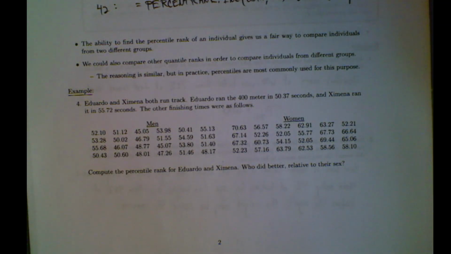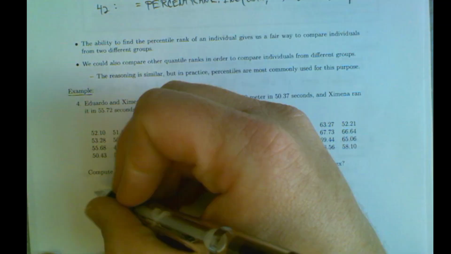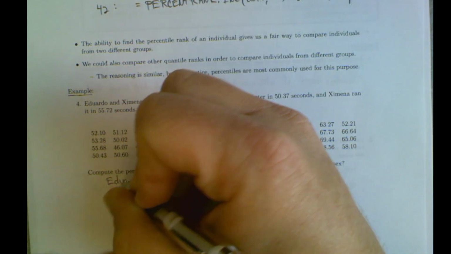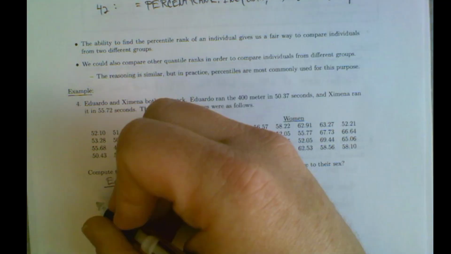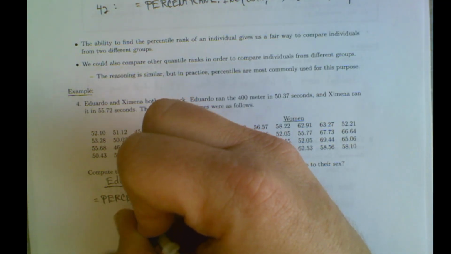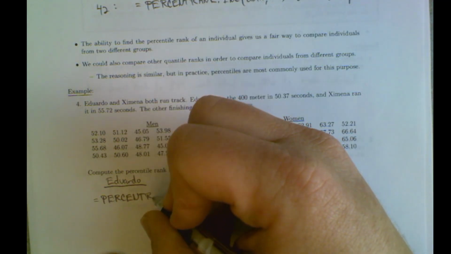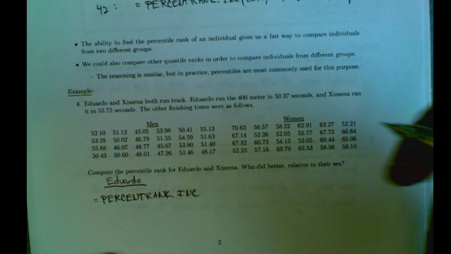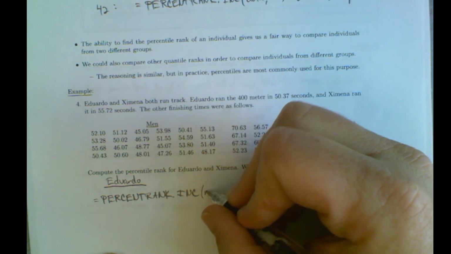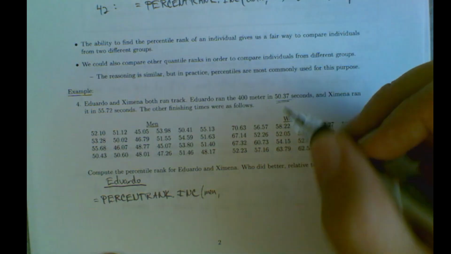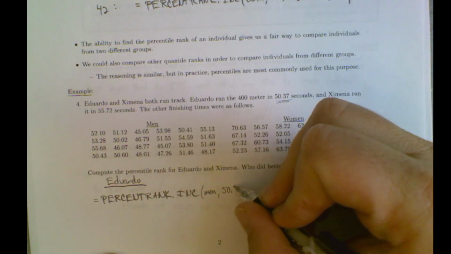So let's see. For Eduardo, I'm going to use the equals percent rank.inc function. I'm going to put in the data set for the men, and then I'm going to put in his finishing time, because I want to know what the percent rank is for his finishing time. So that's 50.37.